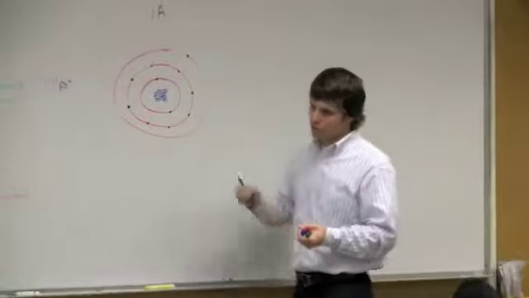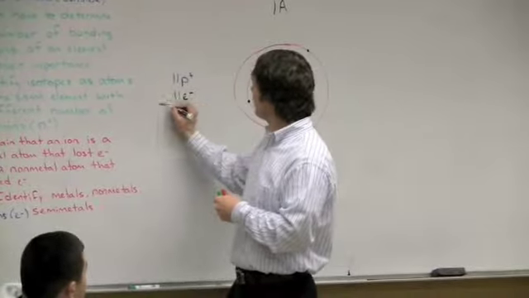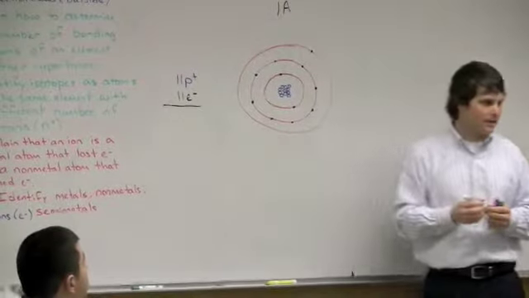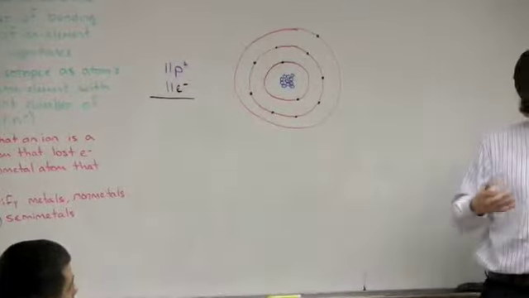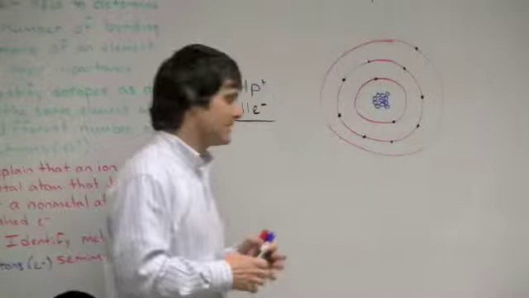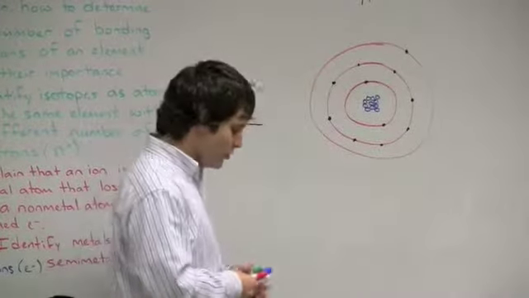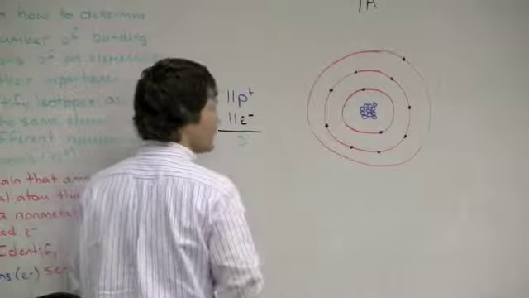We also just drew 11 negative electrons. So I have 11 positives and 11 negatives. Neutral or no charge. We can use either one of those 2 terms. Both of those mean the same thing. So this atom is neutral, or there is no charge.